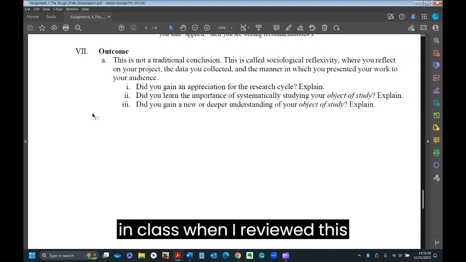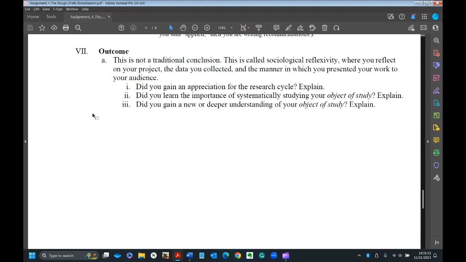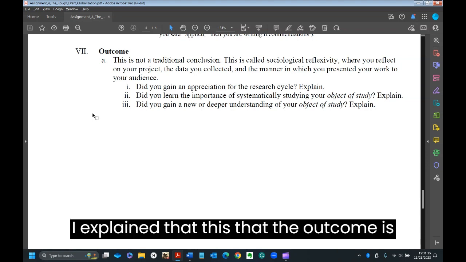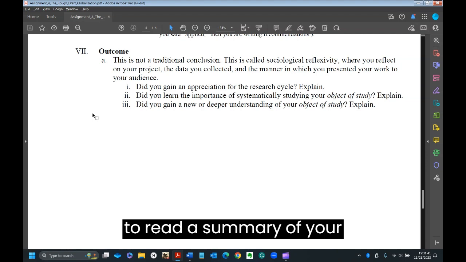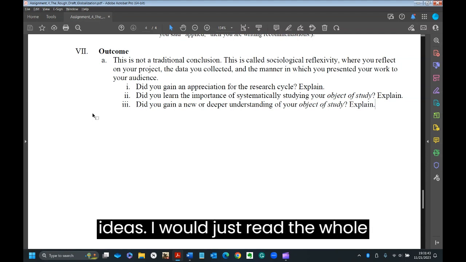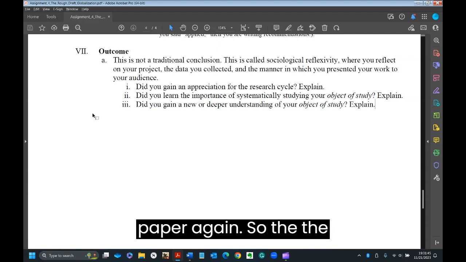And as I mentioned in class, when I reviewed this assignment initially, I explained that the outcome is not a traditional conclusion. If I wanted to read a summary of your ideas, I would just read the whole paper again.